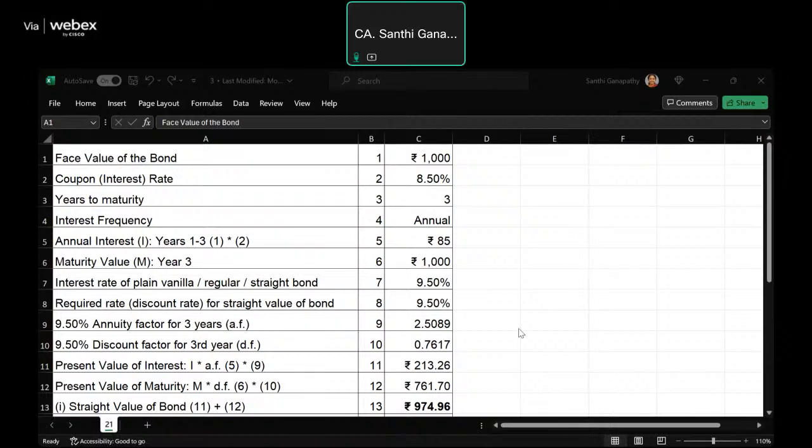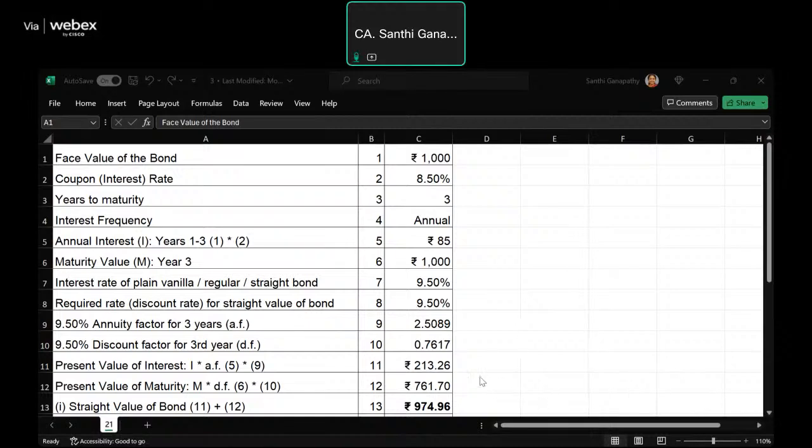Now this is the first requirement, finding the value of a straight bond. Since the question has used the term straight value of a bond, I have also said so, but it is the value of a straight bond, a regular bond, or a plain vanilla bond.